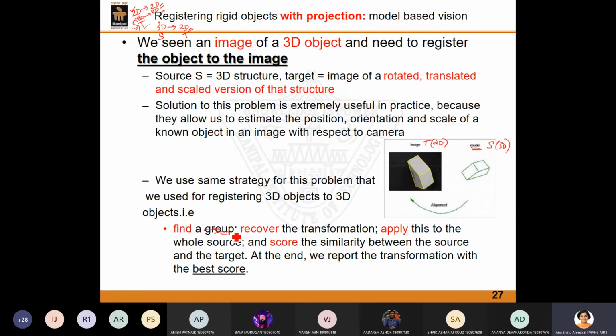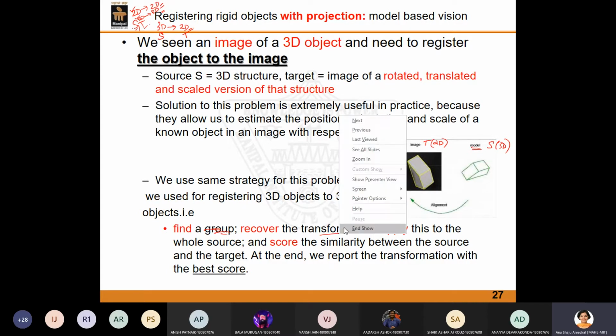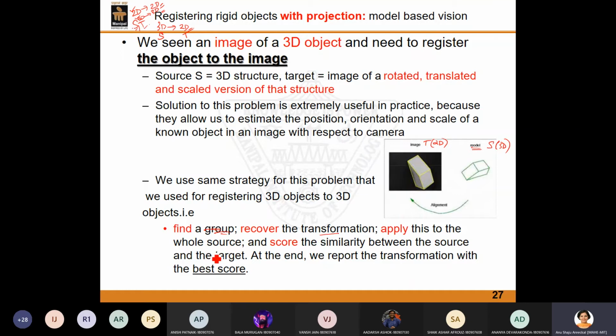It could be points, it could be lines, etc., and then you try to estimate the transformation. Once you have the transformation, you apply the transformation on the source object. Now in this case it is no longer an image, it is an object. You apply the transformation on the 3D object.